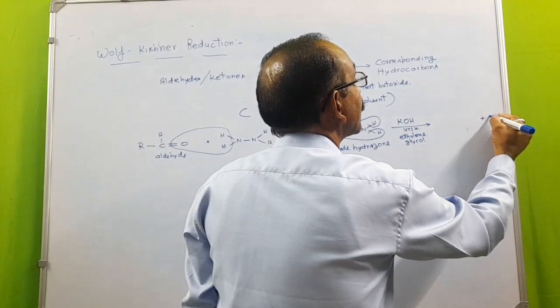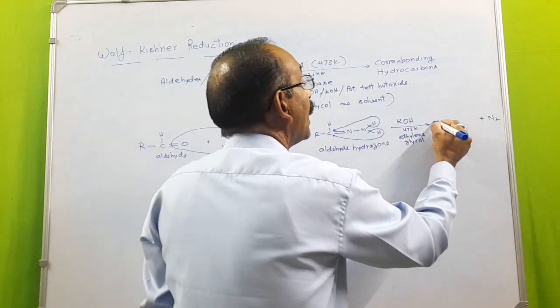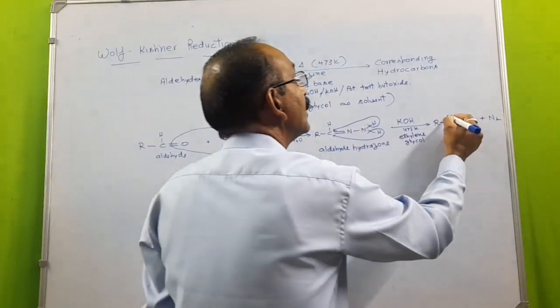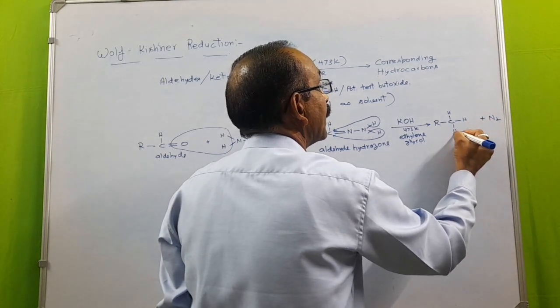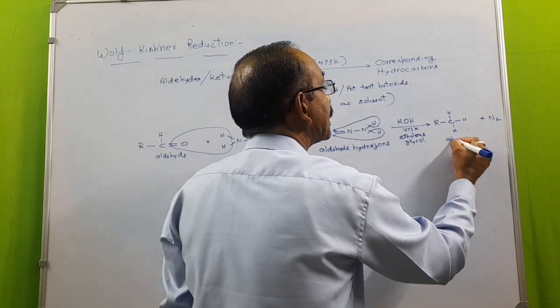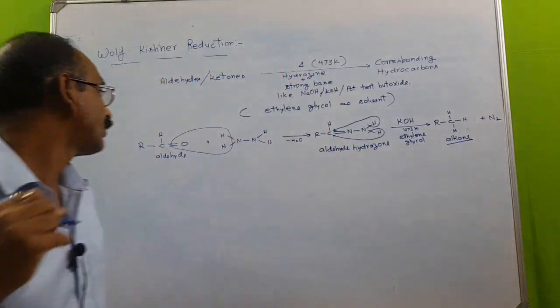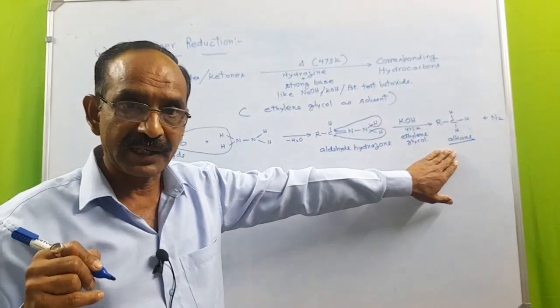See, nitrogen comes out as a nitrogen molecule, and these two hydrogens shift over the carbon, and in this way we get a hydrocarbon. As I'm taking an aliphatic aldehyde here, I'm getting an alkane.